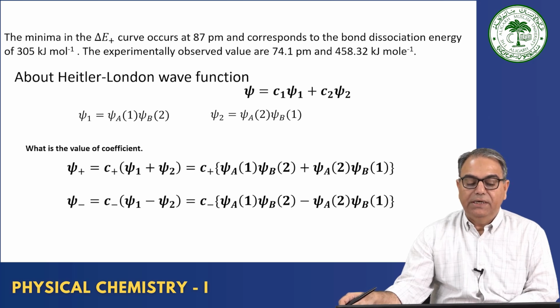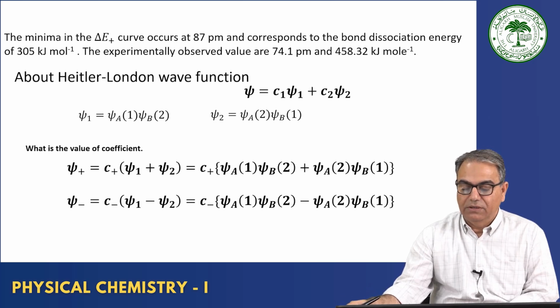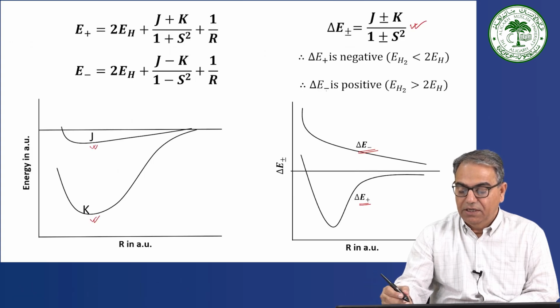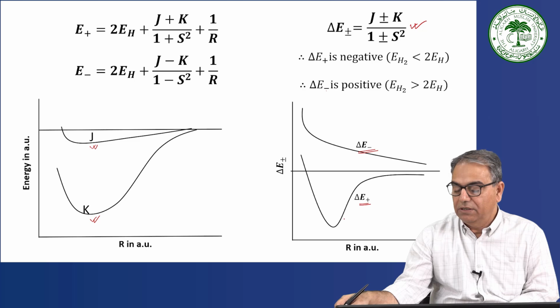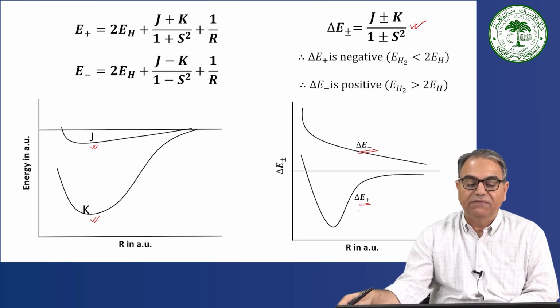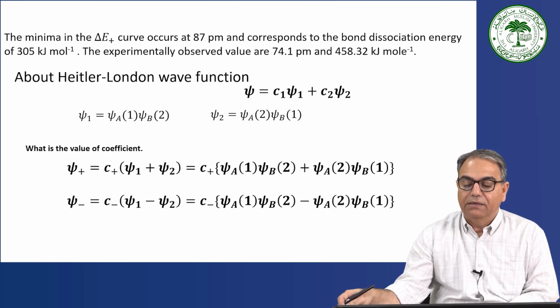Now, quantitatively speaking, if you plot the delta E plus curve, the minimum comes at 87 picometer, and the bond dissociation energy is 305 kilojoule per mole. The experimentally observed values are 74.1 picometer and 458.32 kilojoule per mole.